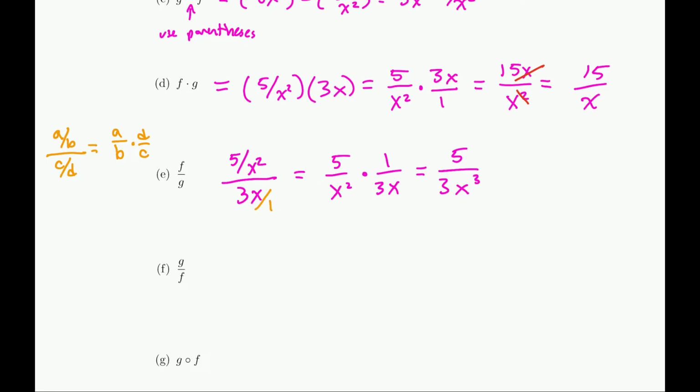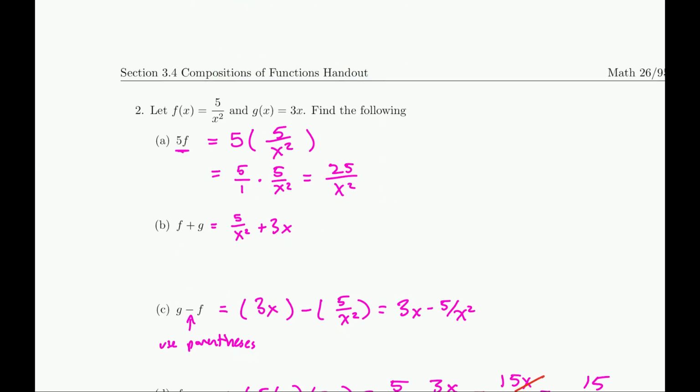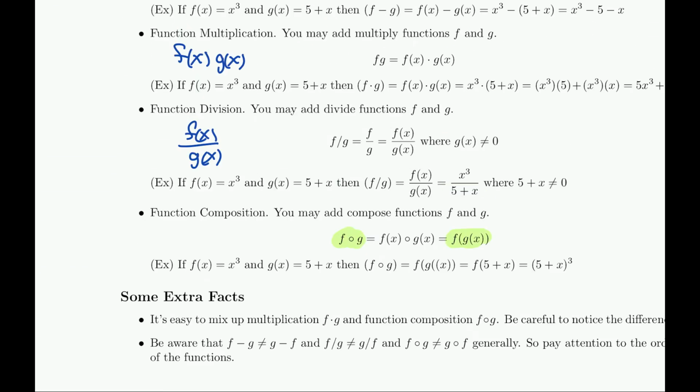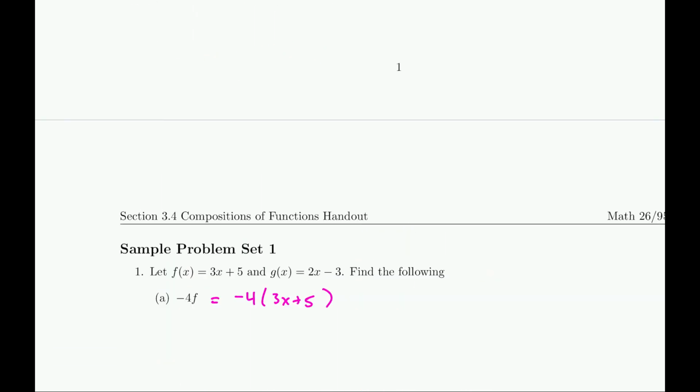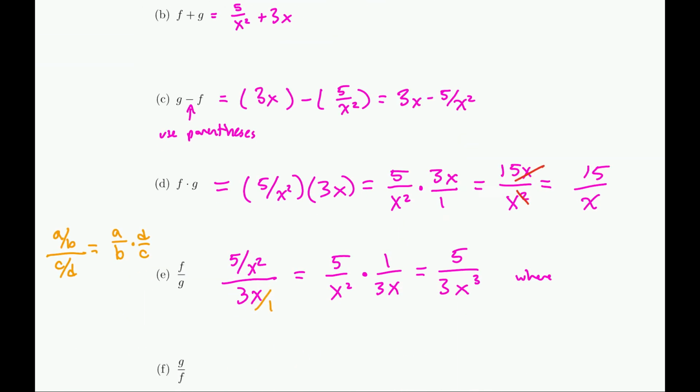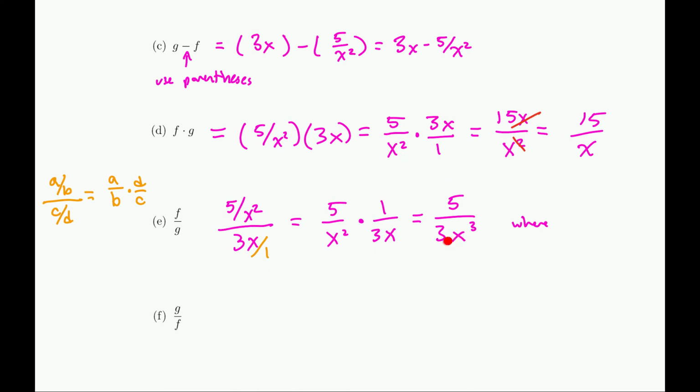Also, what we should say here, going back up to the top, is to remember that the denominator g is not allowed to be 0. So the denominator here, technically this one, 3x, cannot be 0.